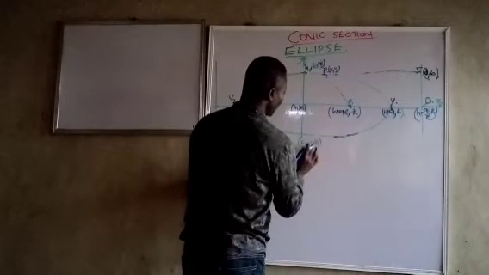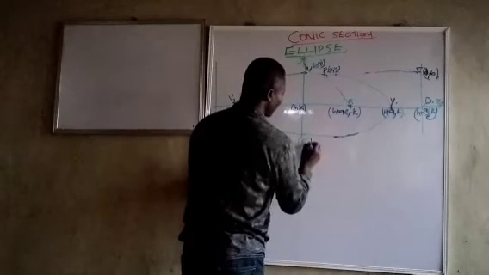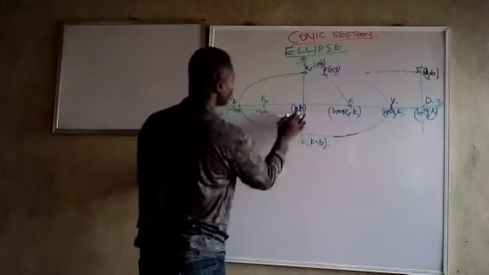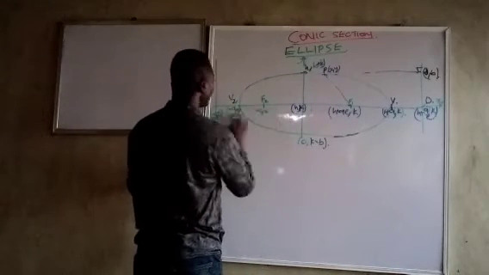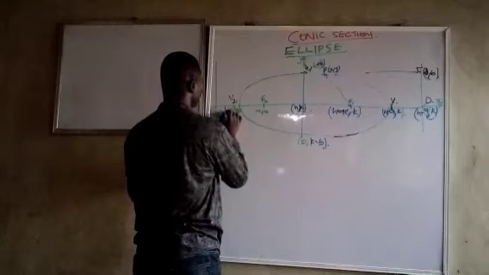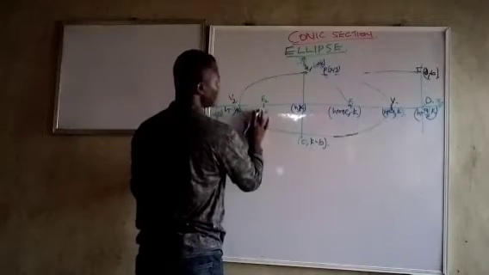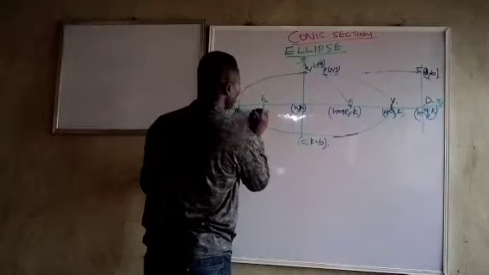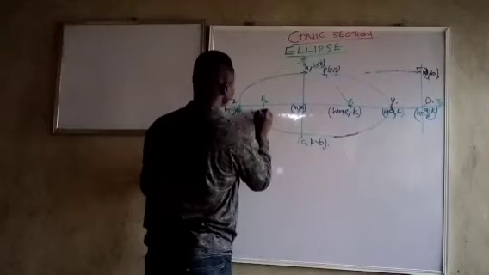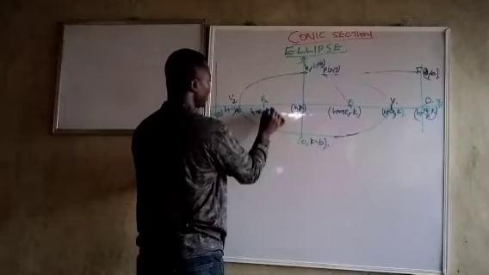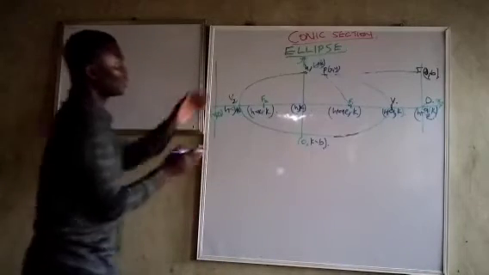This place will be k minus b. This place will be h minus a. This place will be k. This place too will be h minus ae, since we know that c is ae. And this place will be k.